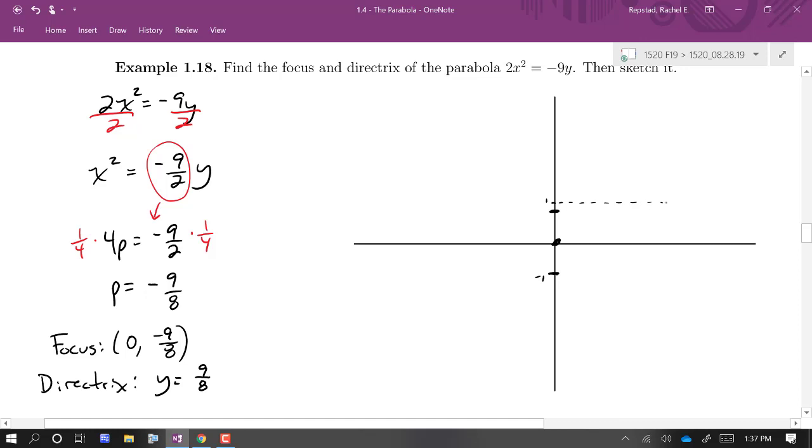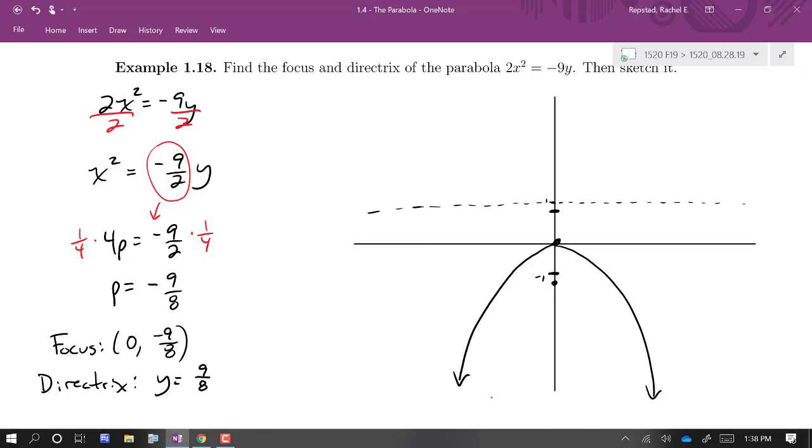So a little bit beyond 1. And then it opens downward.